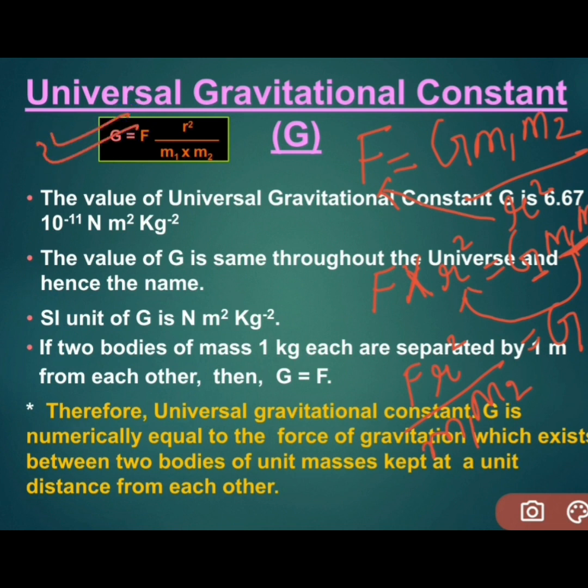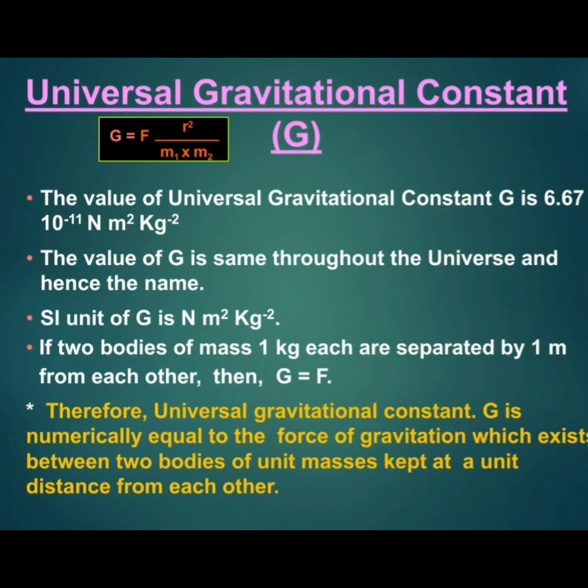So capital G is equal to F into r square upon m1 into m2, as I explained. Hope the universal gravitational constant is clear to all of you.